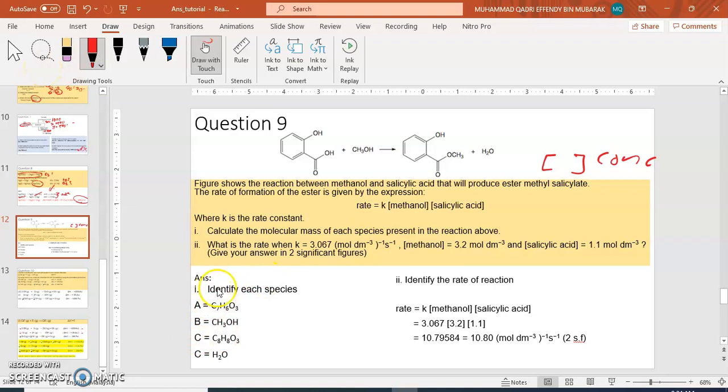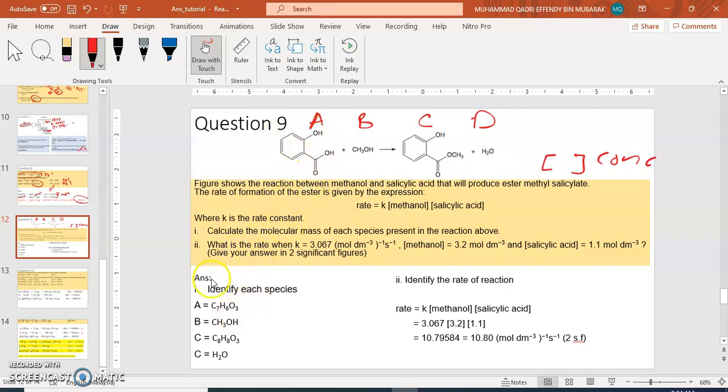To define each species, let's say I name them species A, species B, species C, species D. For species A, we can determine that there are 7 carbon, 6 hydrogen, and 3 oxygen.